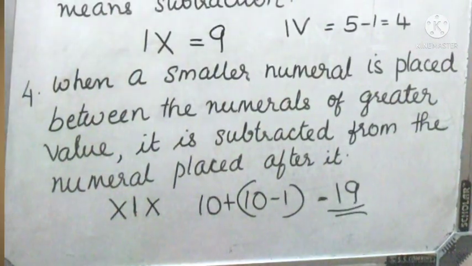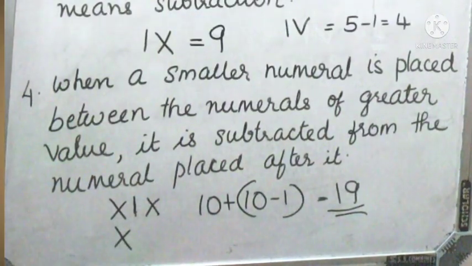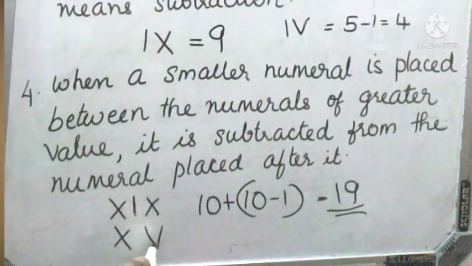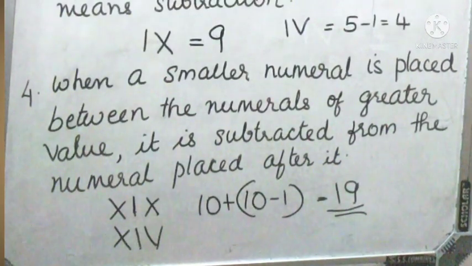This is how we convert the Roman numerals. Got the idea? Let's look at another example. This is a greater numeral, and this is a greater numeral. When a smaller numeral is placed between these two greater numerals, we will subtract.